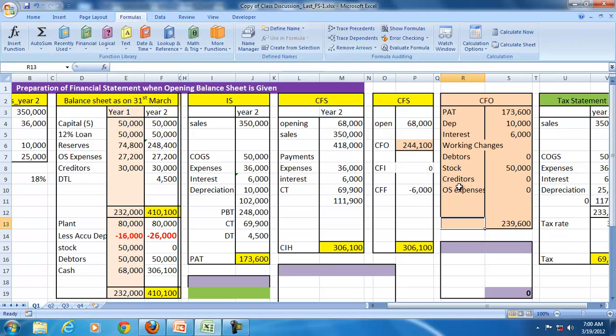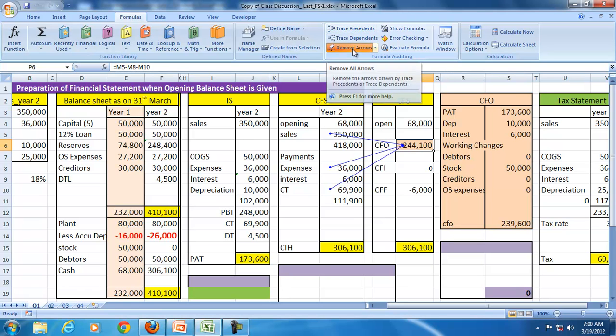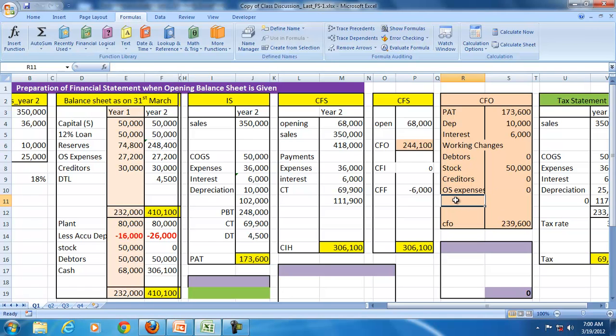The CFO is 239,600. Let us observe that there is one more non-cash item, deferred tax, which is 4,000, so we get 244,000.